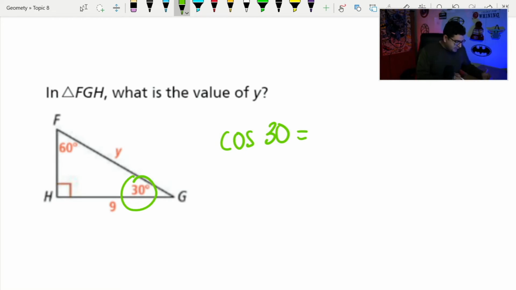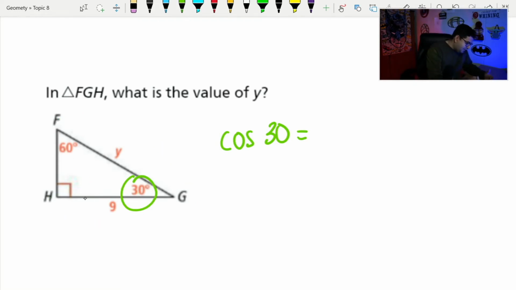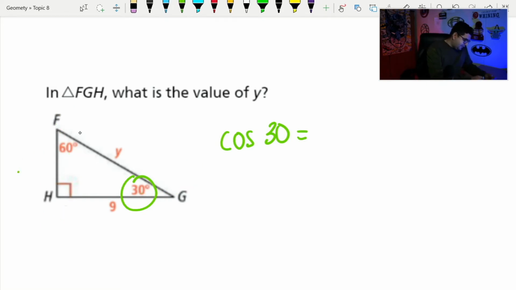If I had done the sine of 30 degrees, I would have needed the opposite over the hypotenuse, and I don't know the opposite side for this angle. So let's stick with the cosine of this 30-degree angle, and that'll get us 9 over y.